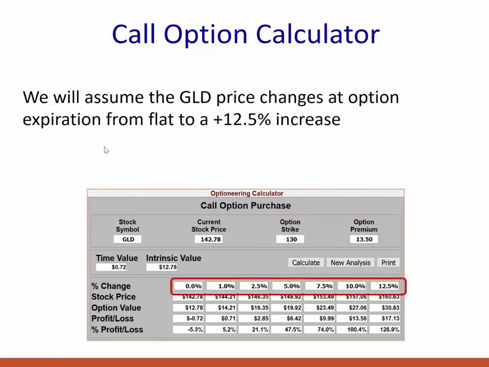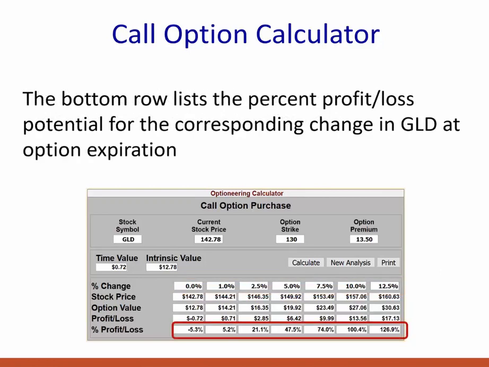And in this example, we will assume the GLD price changes at option expiration are from flat to a 12.5% increase. So with GLD trading 142.78, we could purchase the 130 strike call at $13.50, and then we put the assumptions in this top row for the price changes of GLD at option expiration.